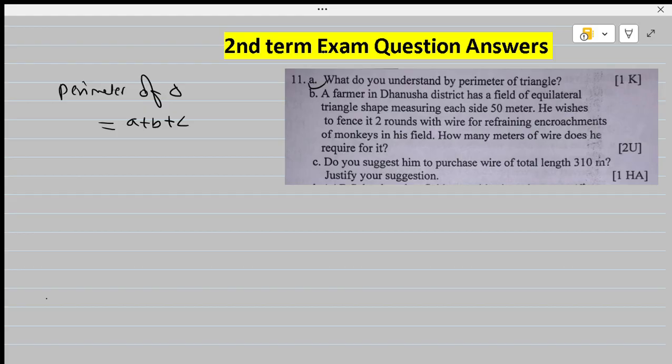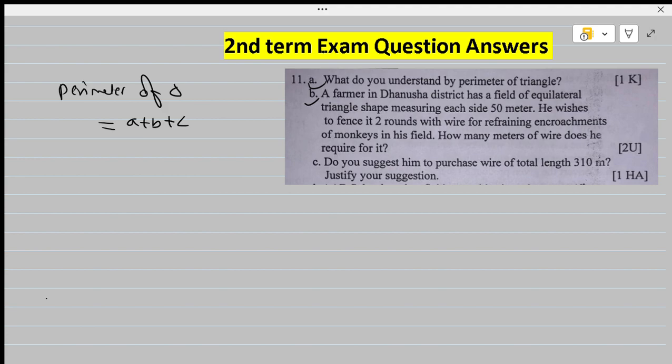Then part B: a farmer in the New South district has a field of equilateral triangle shape measuring 50 meters on each side, and he wishes to fence it with 2 rounds of wire to keep monkeys from encroaching on his field.